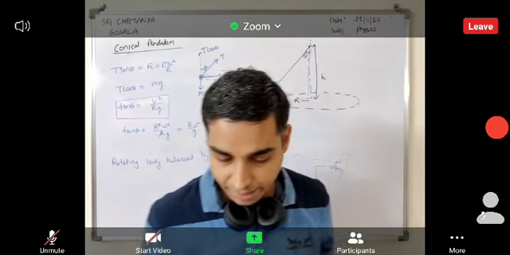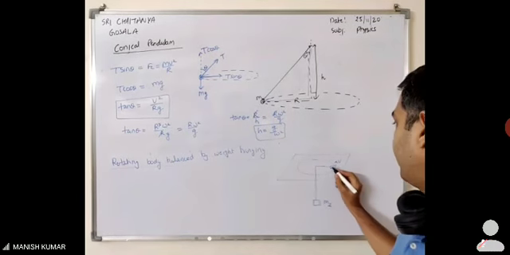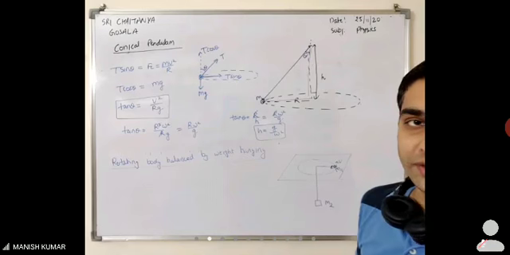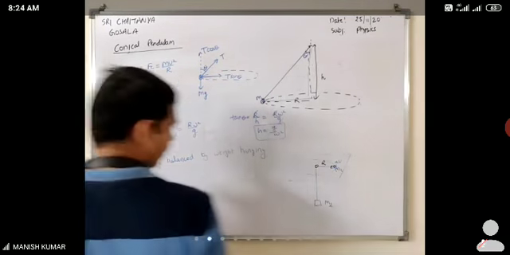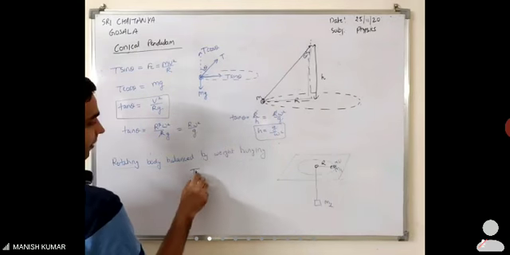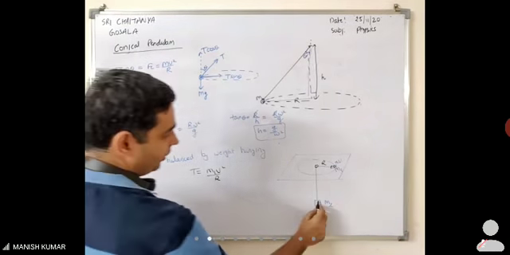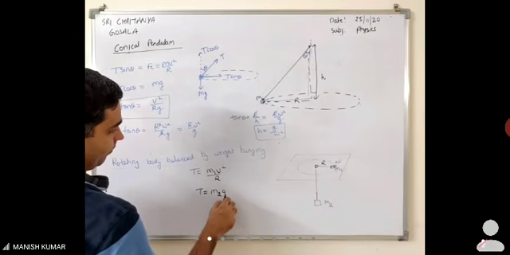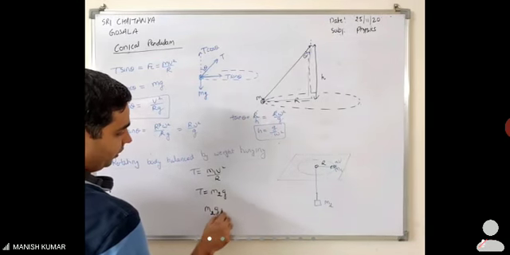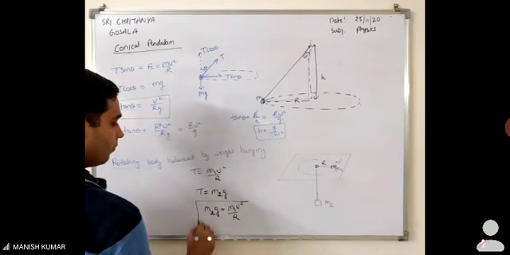Now, what is happening? This body, let's say mass M1, is revolving with velocity v in a radius of r. So tension is providing the centripetal force, and tension is provided by the M2g also. So here M2g is actually providing the centripetal force.